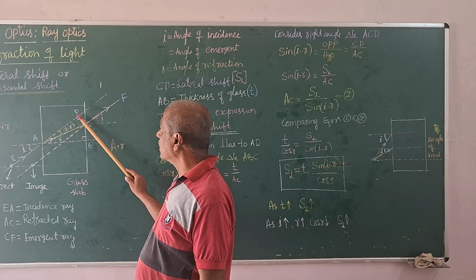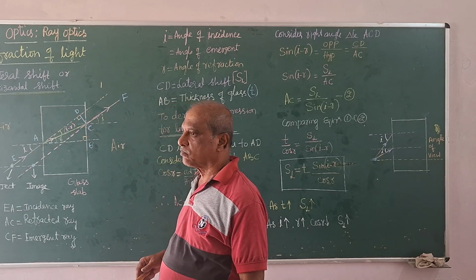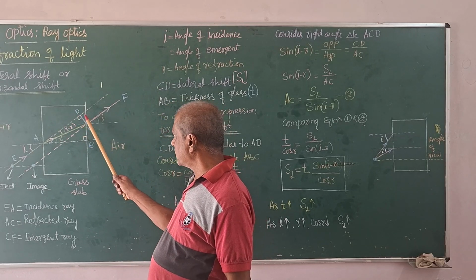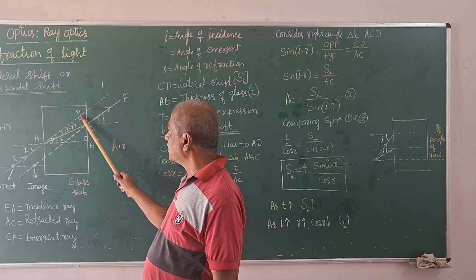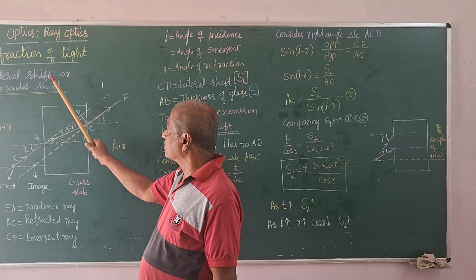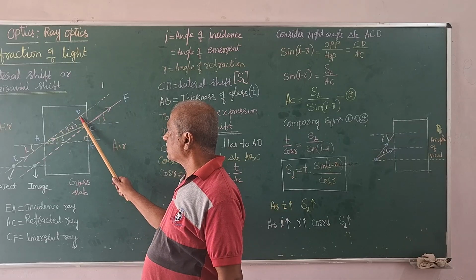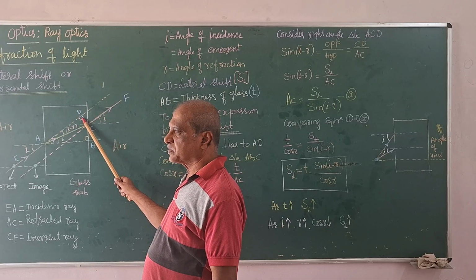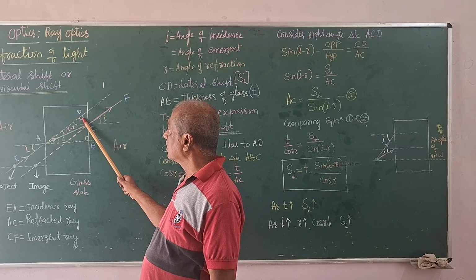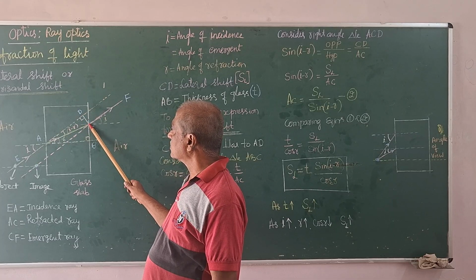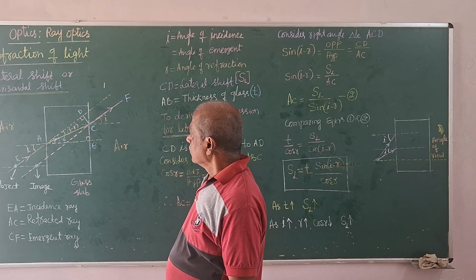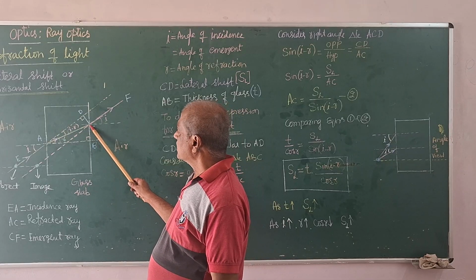It is also called lateral shifting, that is, shifted sideways. The distance of separation is called lateral shift. The distance of separation between the two parallel lines is the perpendicular distance. This distance is called lateral shift. So it is known as lateral shift.